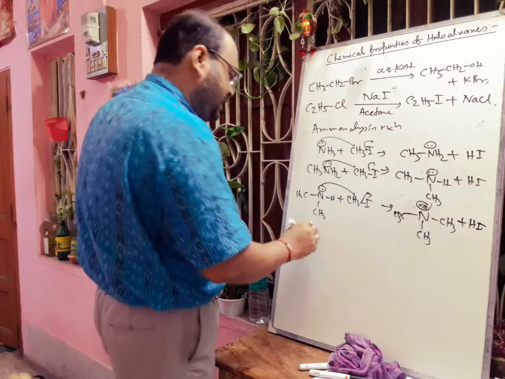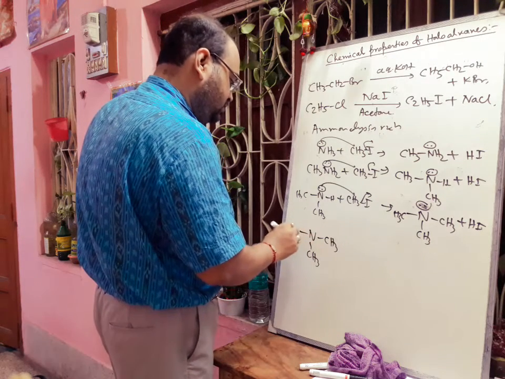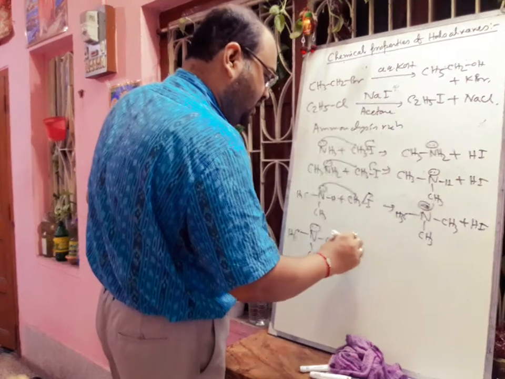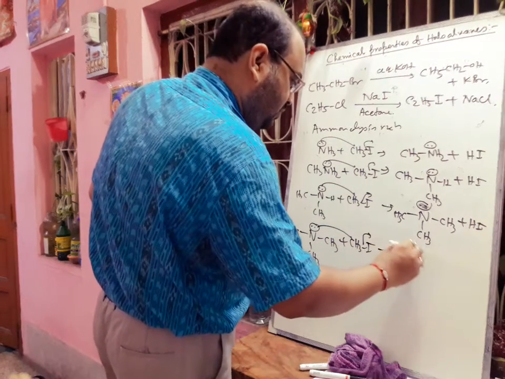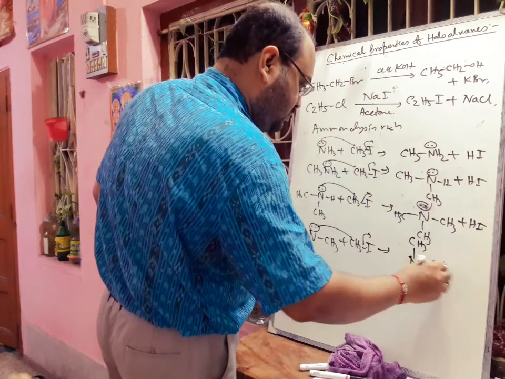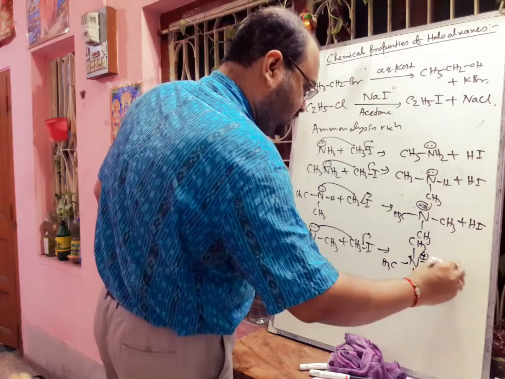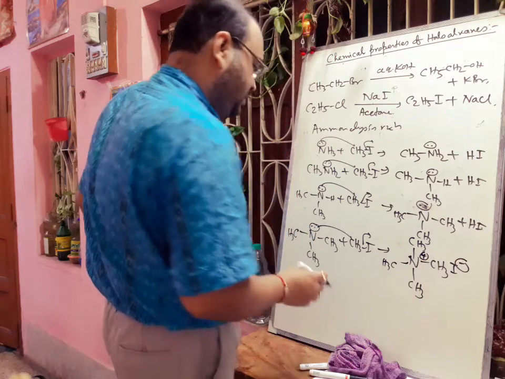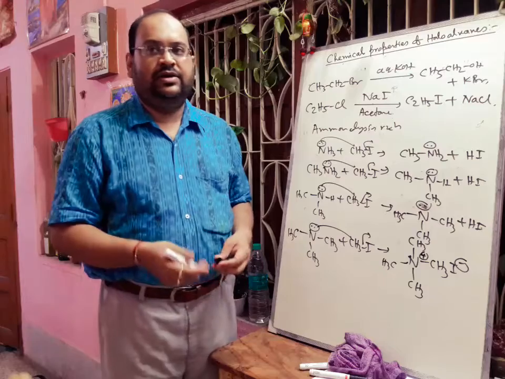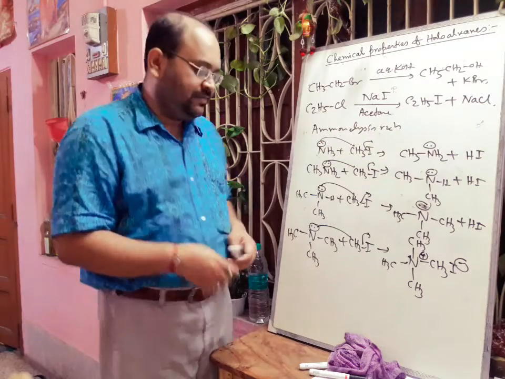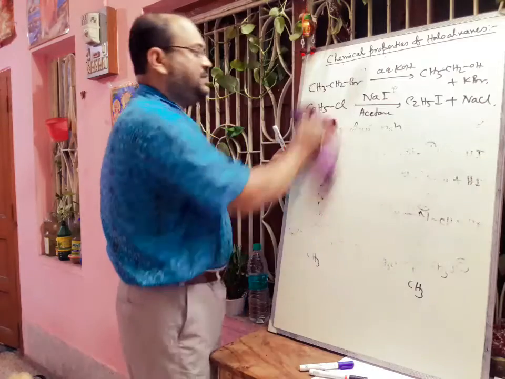Next, this trimethylamine again will react with another molecule of methyl iodide and that will form the quaternary salt of amine. So in this way we will get a mixture of amine compounds: primary, secondary, tertiary and quaternary. So it will be very difficult to separate. Next we will go to another type of substitution reaction.